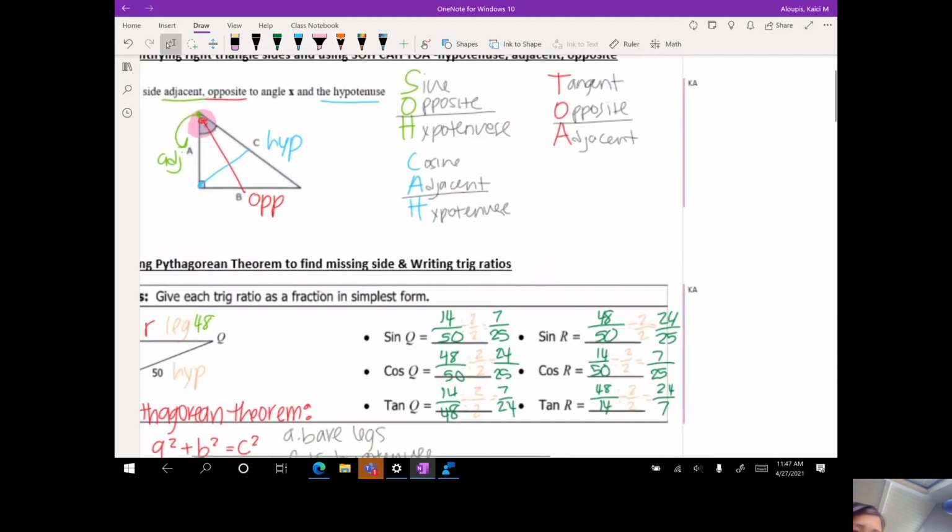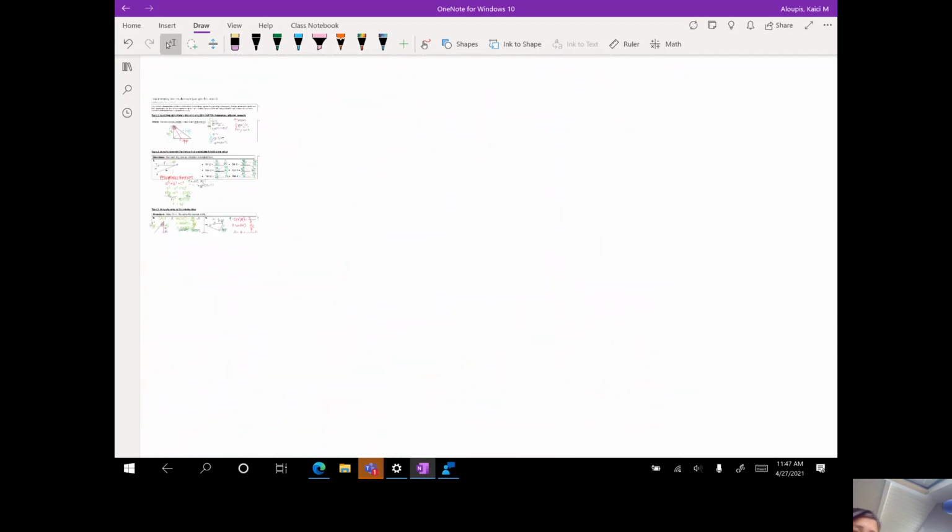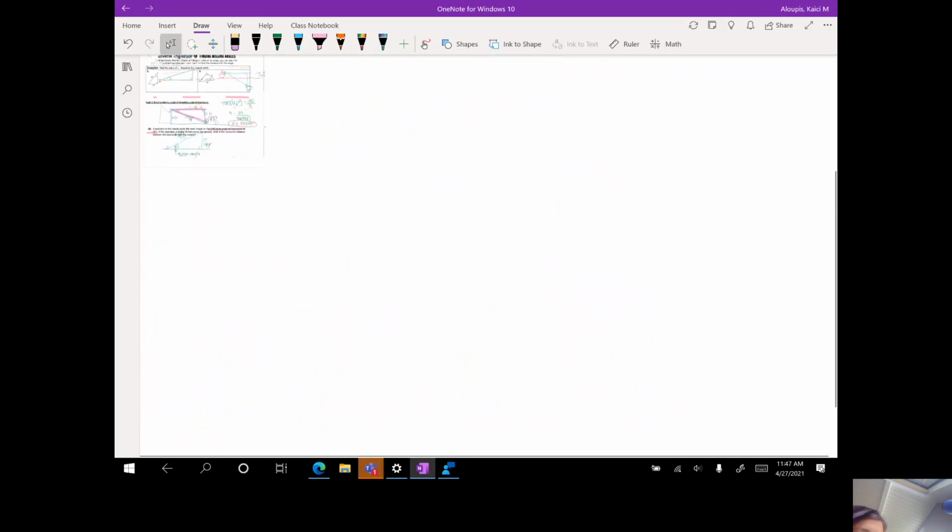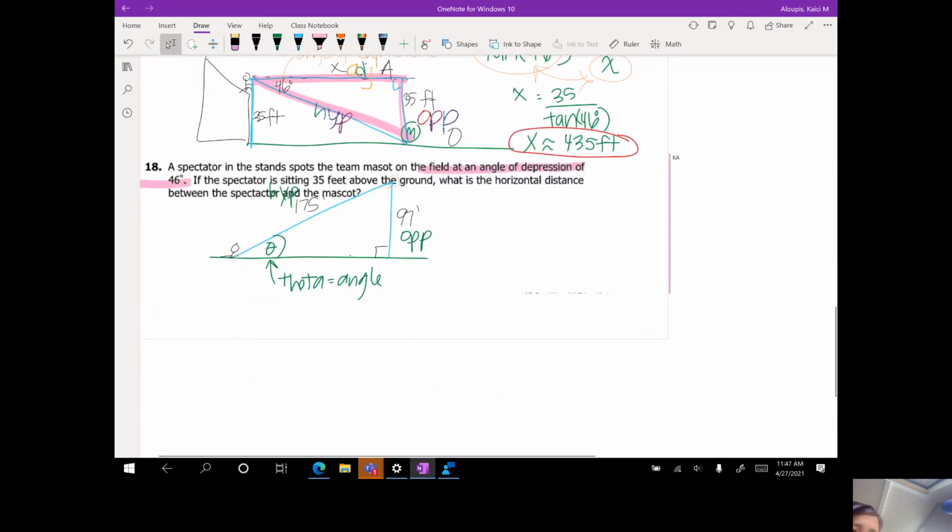That is sine. So we're going to go back down here. We're going to take the sine of my angle. So sine of my angle theta is equal to opposite over my hypotenuse. Easy peasy. Last bit, and I'll show us how to do this with the inverse sine, right?